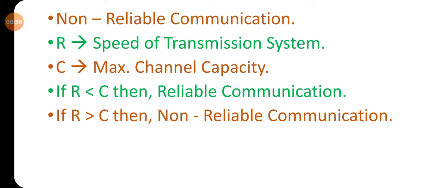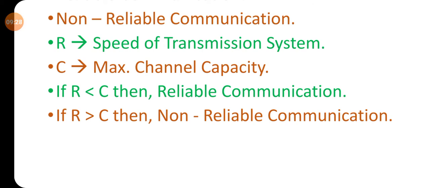If you try to transmit 30 bits per second, where the channel capacity is 20 bits per second, then you get error in transmission. Definitely you get error, because channel capacity is 20 bits means that the channel can transmit a maximum of 20 bits in 1 second, and the speed you are using is 30 bits.